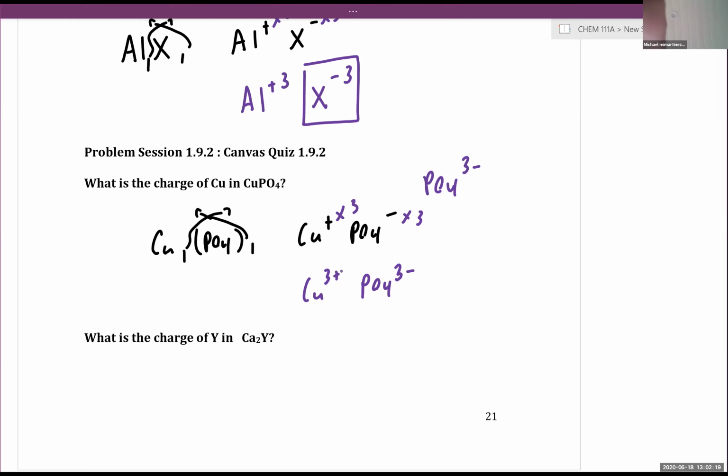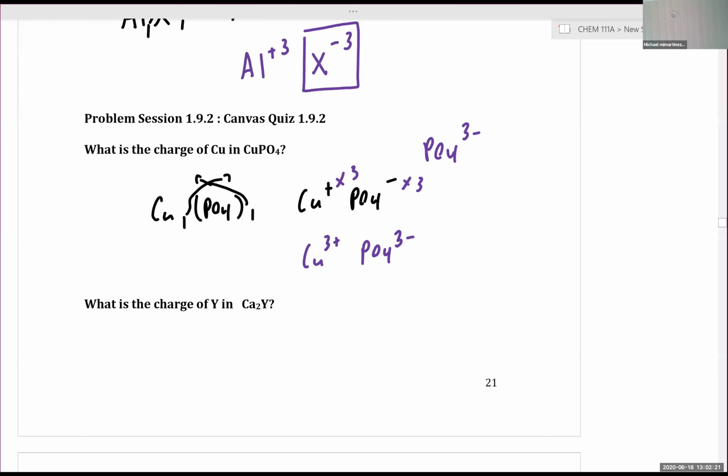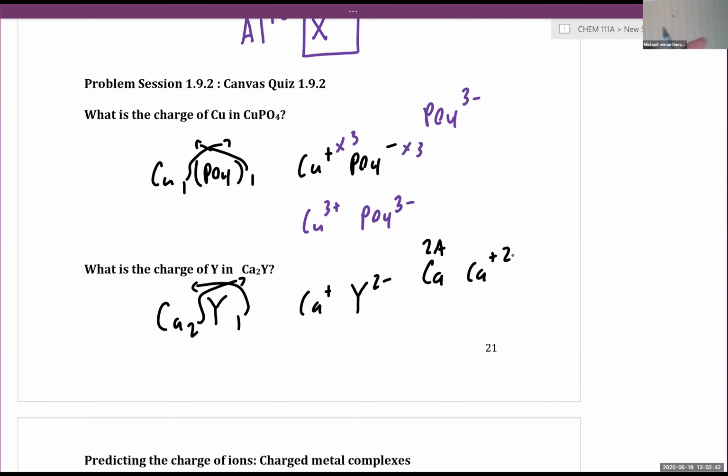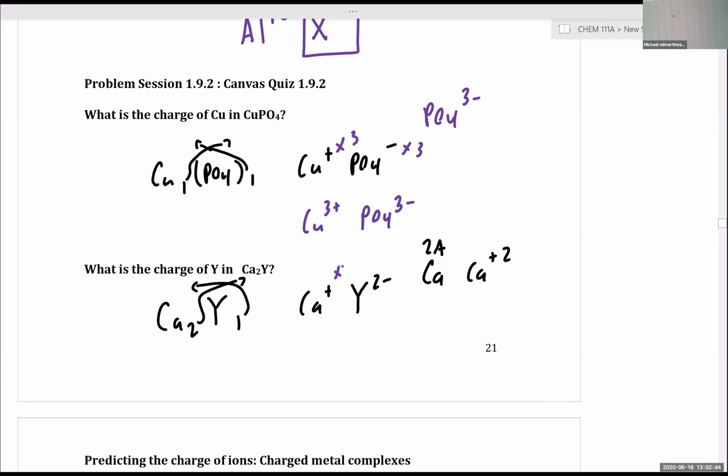Let's do another example. Let's discuss this next case where we have Ca2Y. Okay, we reverse cross our charges. That gives us calcium plus and Y2 minus. We know that calcium is a 2A element, adopts a 2+ charge. So then we're going to have to multiply both of the charges by 2.